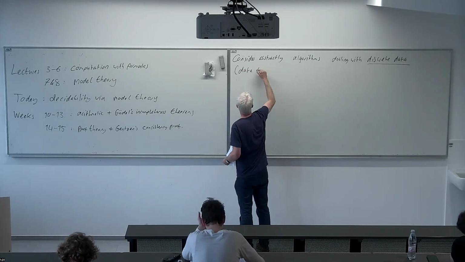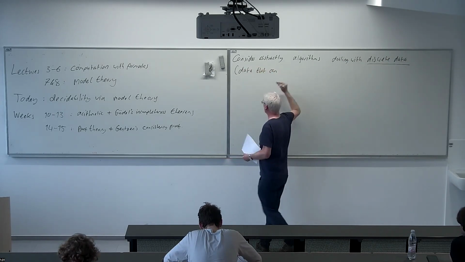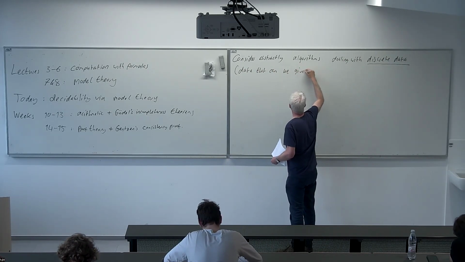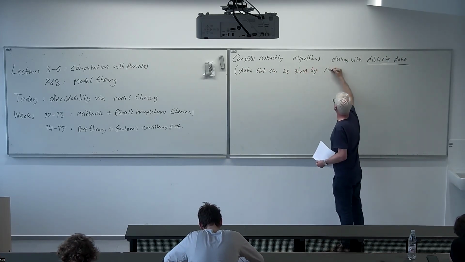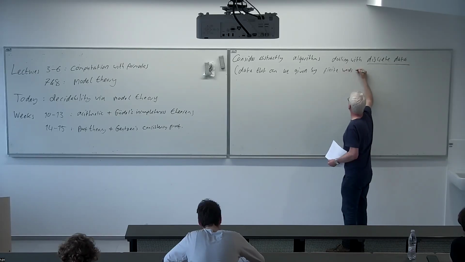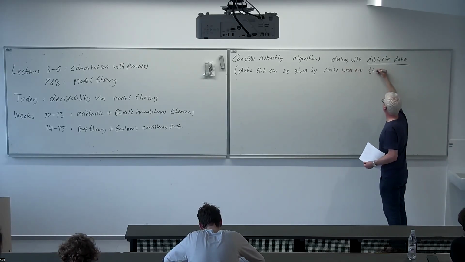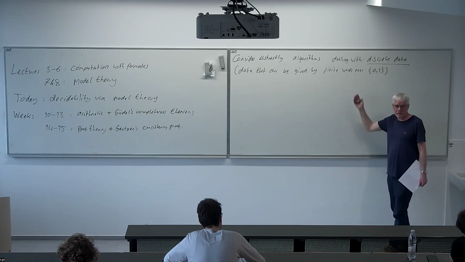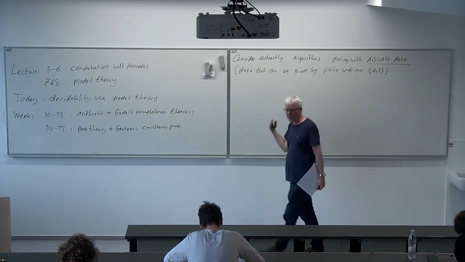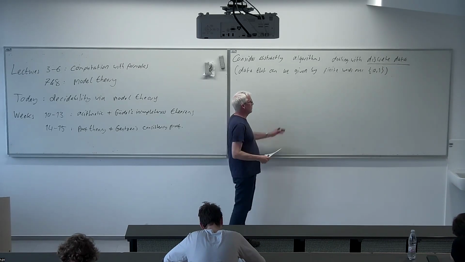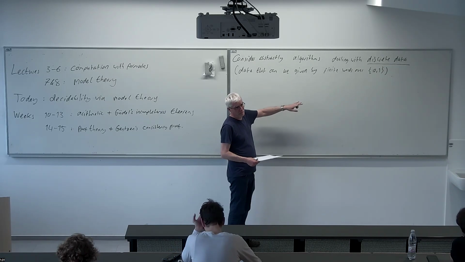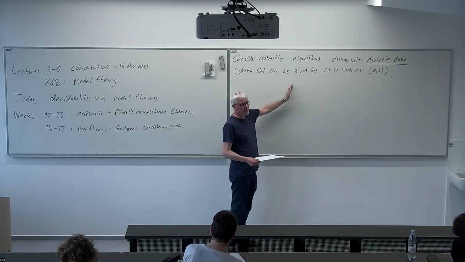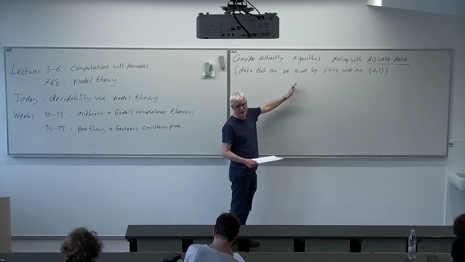If we want to be concrete, the data can be given by finite words of bits, binary digits, 0 and 1. That will include numbers, finite sequences of numbers, terms over a countable signature, formulas over a countable signature, sentences over a countable signature.